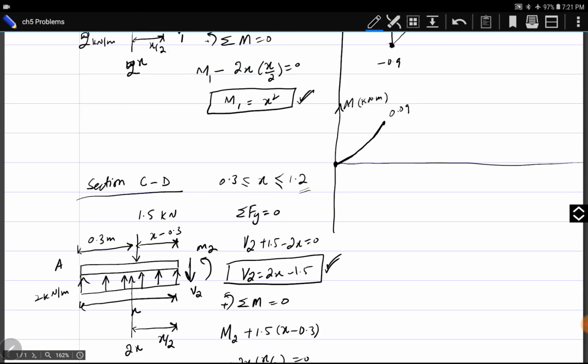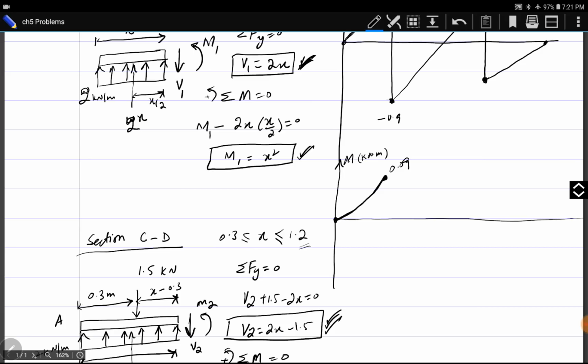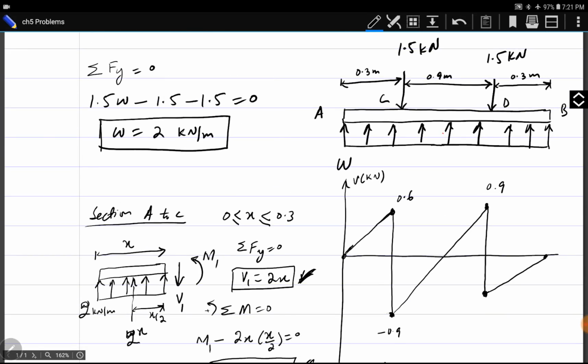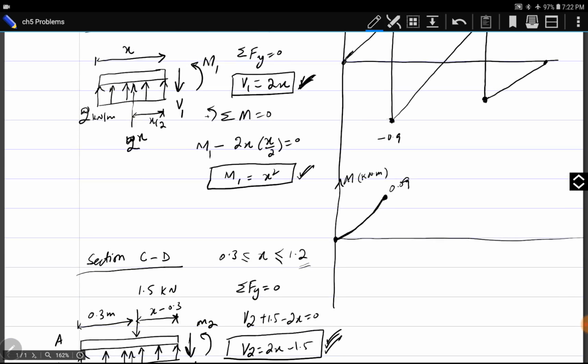Then for the next section, section CD, when we put x equal to 0.3 in this expression, again it becomes 0.09, which is the same point. And when we put x equal to 1.2, which is at point D, it again becomes 0.09.